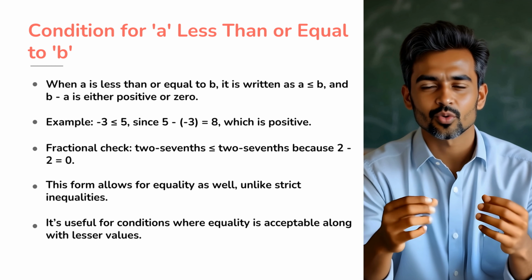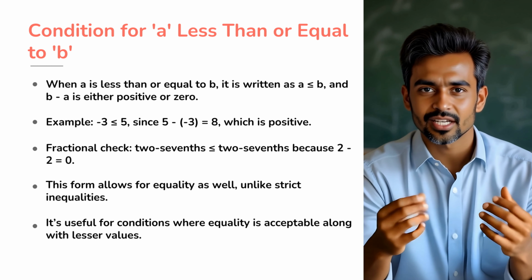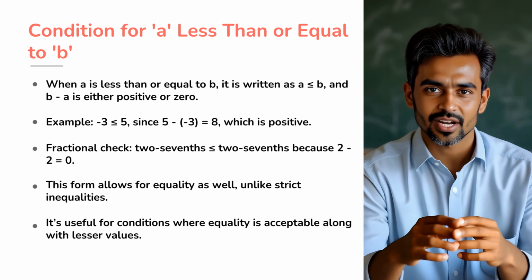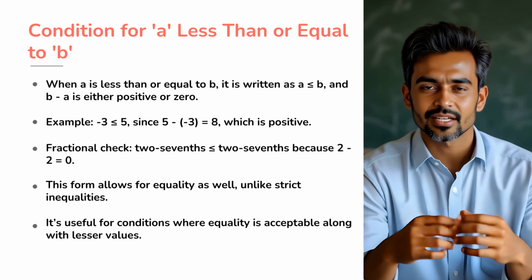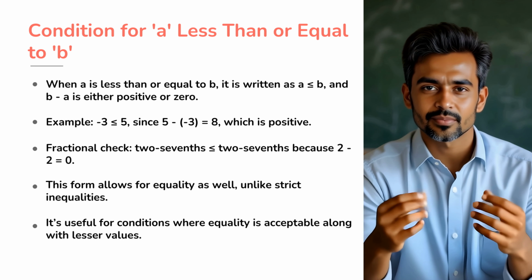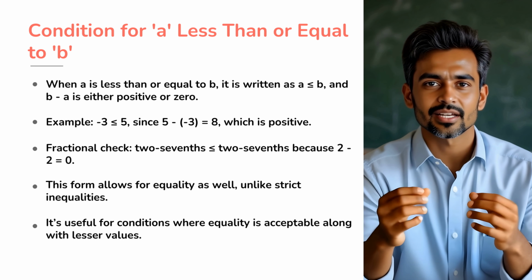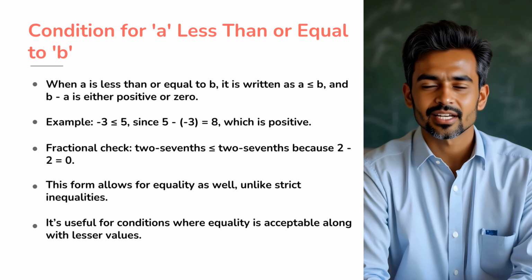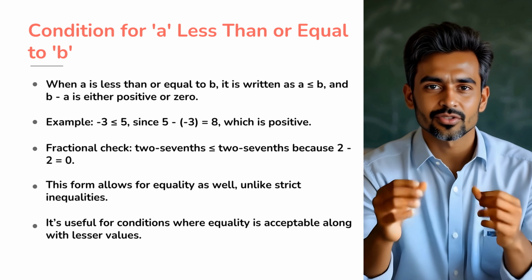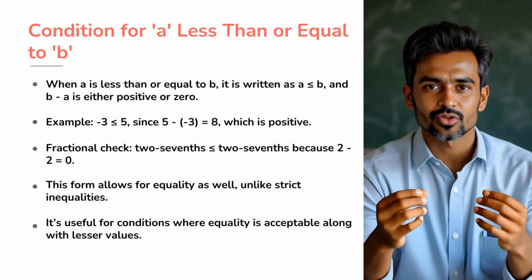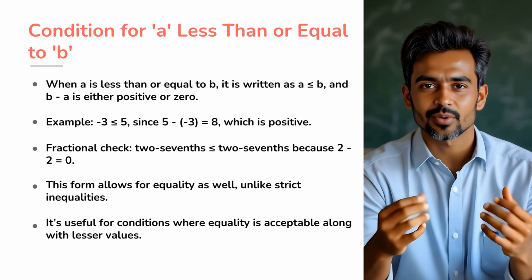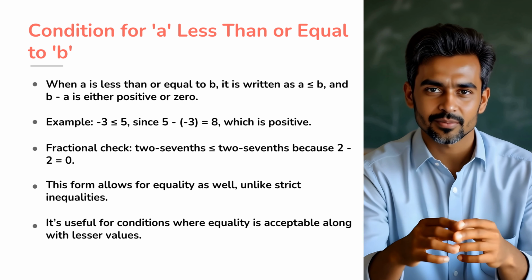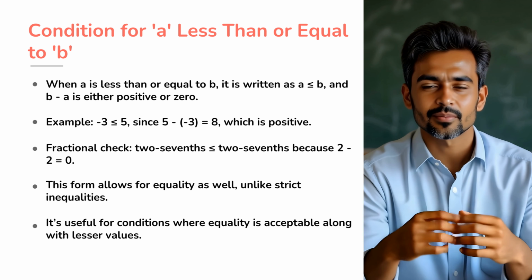Now let's explore A is less than or equal to B. We write this as A angle bracket opening to the left with a line below it B. This means B minus A is either positive or equal to 0. Let's test it. Negative 3 is less than or equal to 5. 5 minus negative 3 equals 5 plus 3, which is 8. 8 is positive.